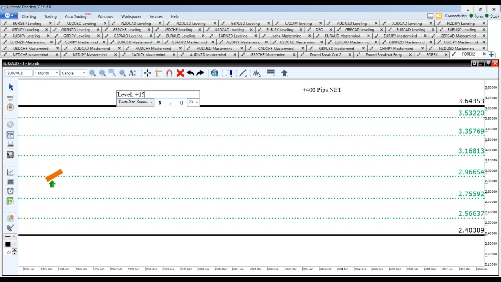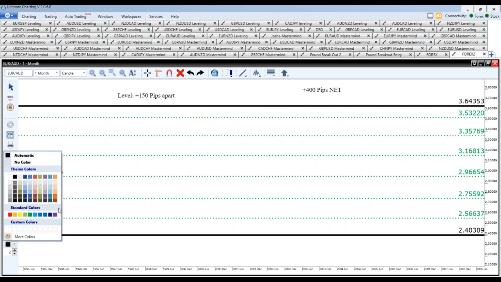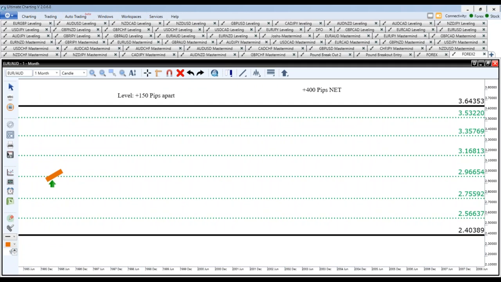Your levels are 150 pips apart. So this is how this works. You buy the market. The market rallies up, and you're now 150 pips in profit.